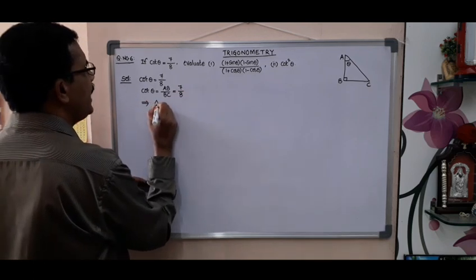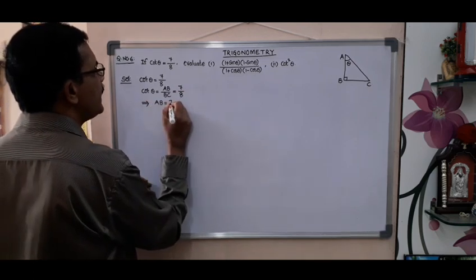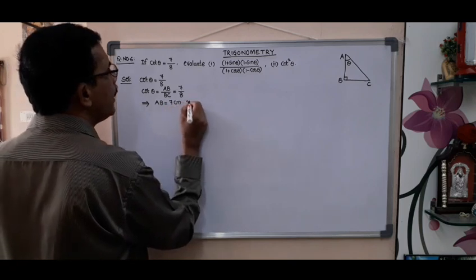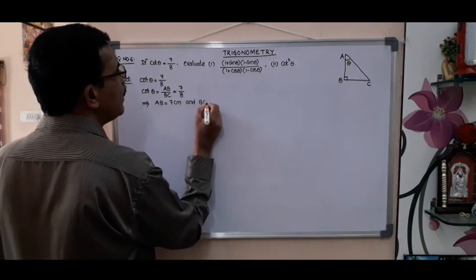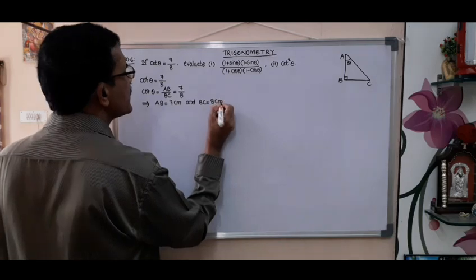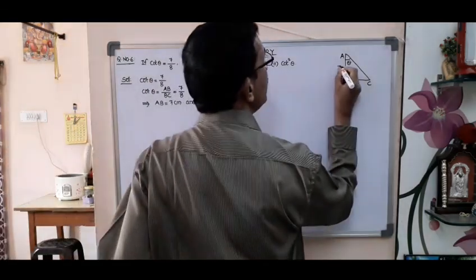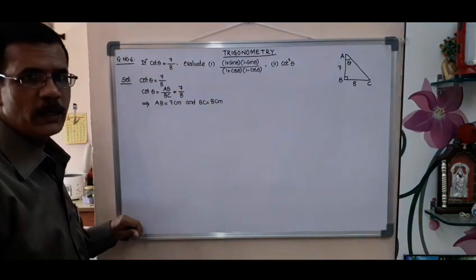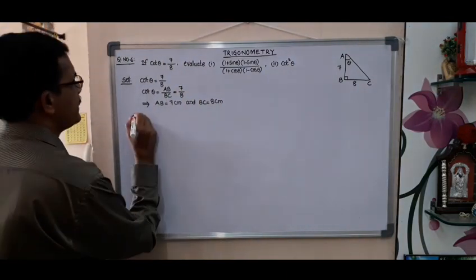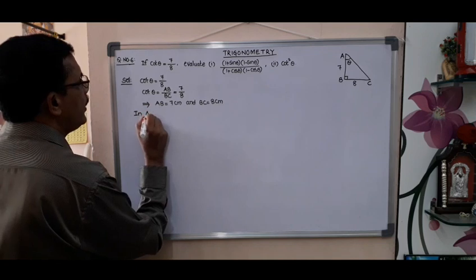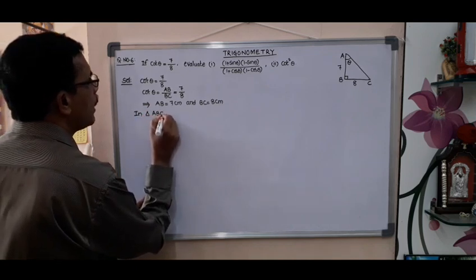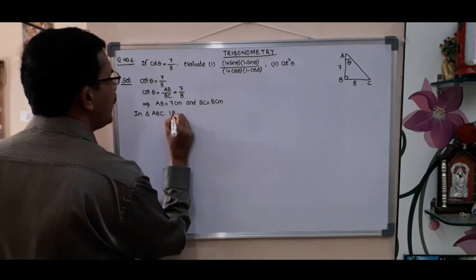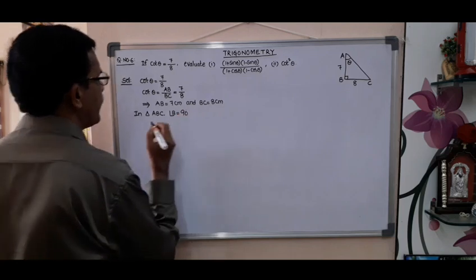Implies AB is equal to 7 centimeters and BC is equal to 8 centimeters. AB length is 7 and BC length is 8. So using these two we will find hypotenuse AC. In triangle ABC, angle B is equal to 90 degrees.